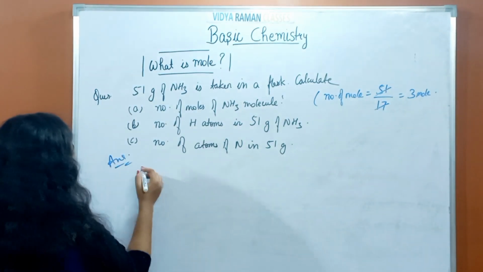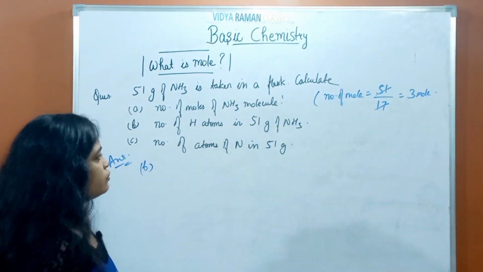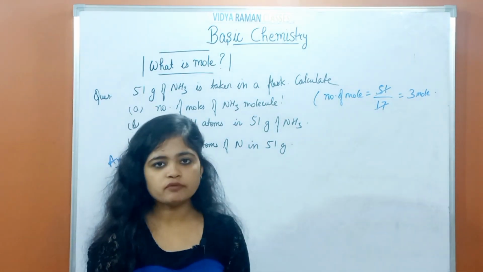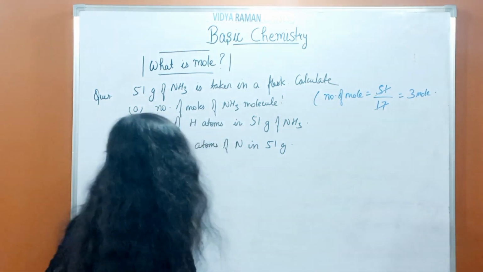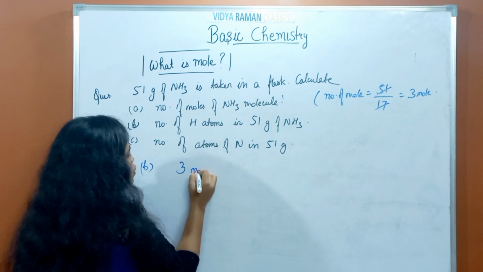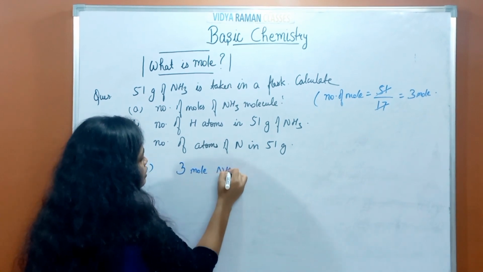Okay, now B part. Number of hydrogen atoms in 51 gram of NH3. If 51 gram of NH3 is containing 3 moles, it means 3 mole NH3.